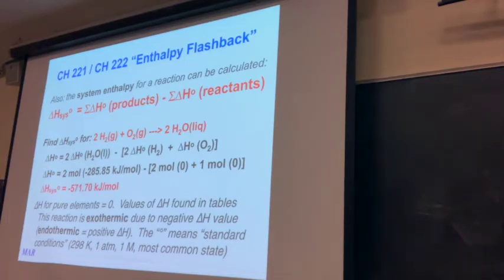We're going to continue talking about entropy, and we're doing some review of some Chem 221 stuff mostly, but a little Chem 222 on enthalpy. Enthalpy and entropy, we're going to see, are very connected when you want to figure out if a reaction occurs or when it doesn't occur.